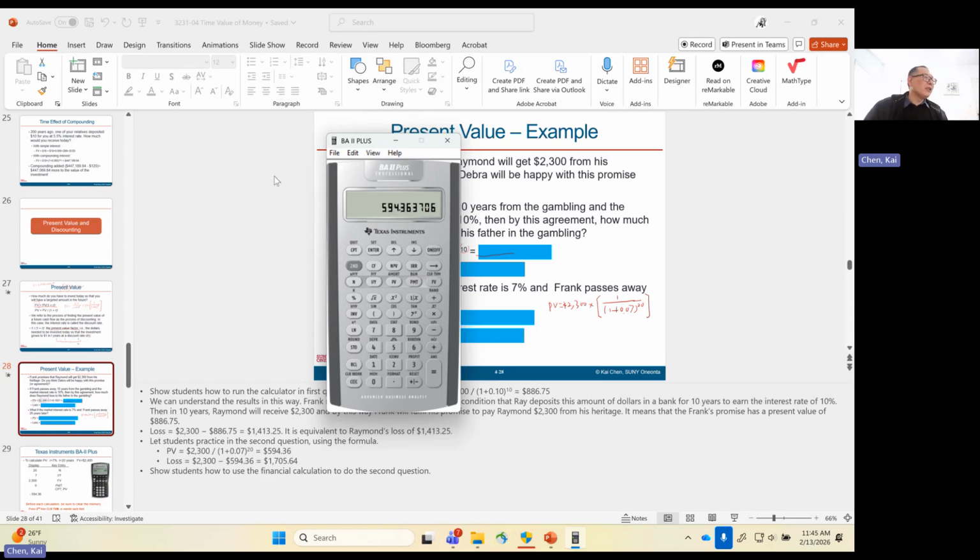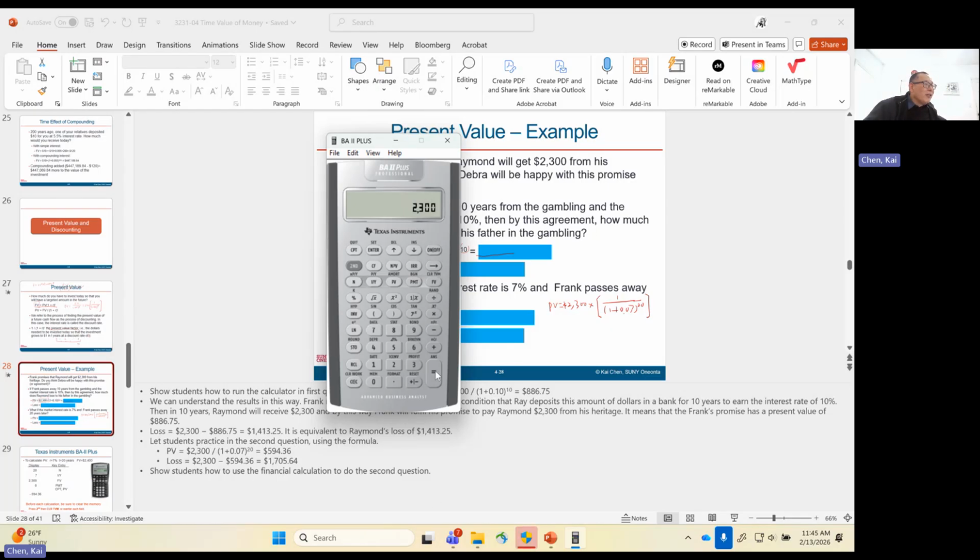How can we do that? I'm going to click this key to change the sign of the number on the screen, and then plus $2,300. What we have done is $2,300 minus 594.36.